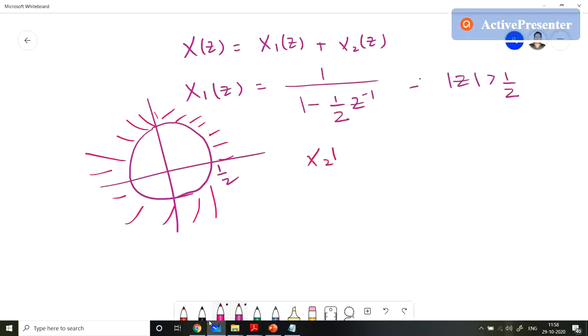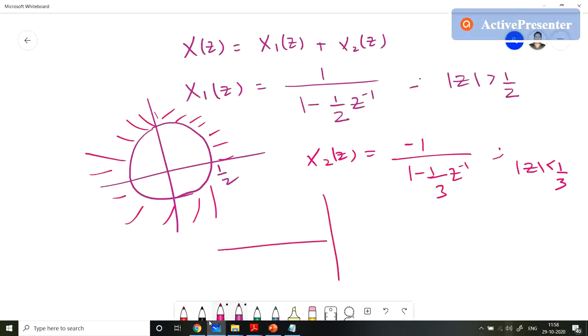Second is X2(z), and that Z transform is equal to minus 1 divided by 1 minus 1/3 z inverse. This is modulus of z less than 1/3. So this is the Z transform.